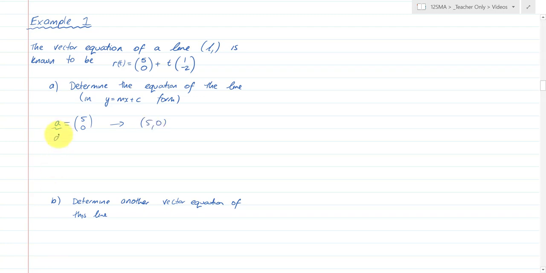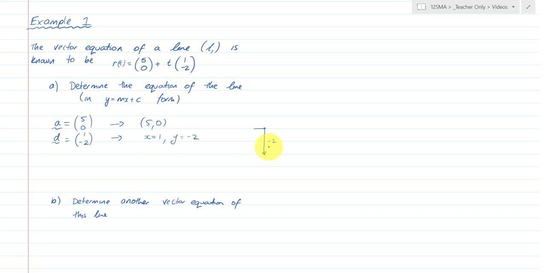But we've also got d equal to (1, -2), which tells us our direction, which is our variance here, when x equals 1, y equals -2. In terms of a gradient, that's telling us that if we go along 1, we go down 2. This is actually a gradient of specifically -2. So you can see the connection there.